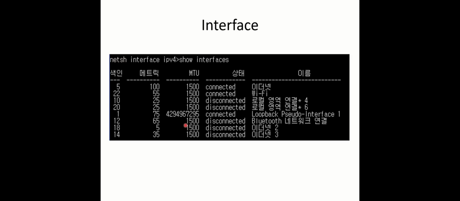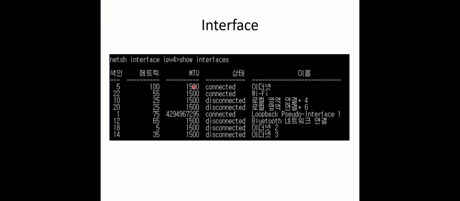Okay, yet another example from a Windows system. Here I use the netsh interface ipv4 command. It shows the state and the MTU sizes of each interface, and it also shows the names of these interfaces.